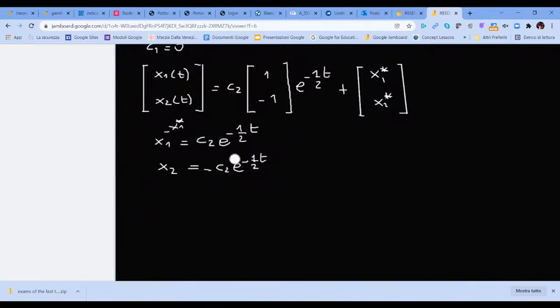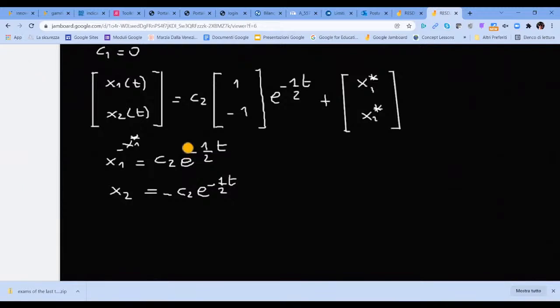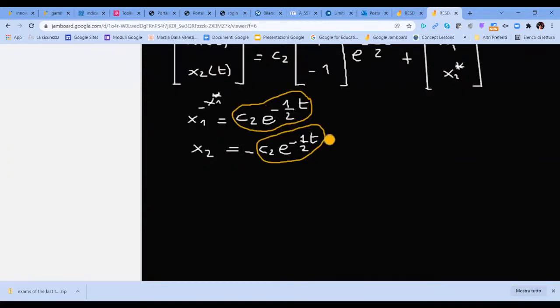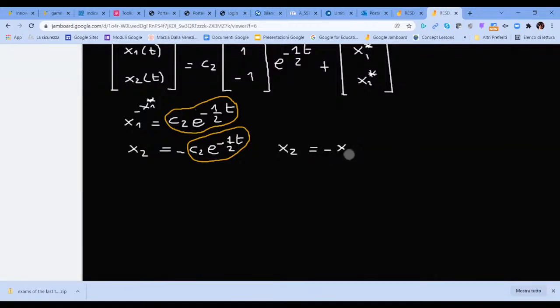We have two equations. Normally if you see in the space x1 and x2 as x and y, because these are the two coordinates of points in the plane, and you have C2 times e to the minus 1/2 t, that is the same in both. It means that you can rewrite x2 as minus x1.